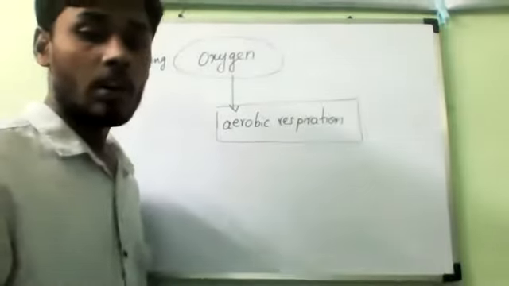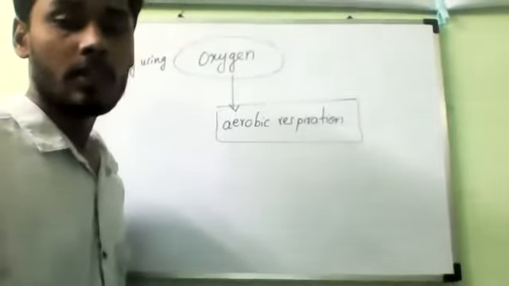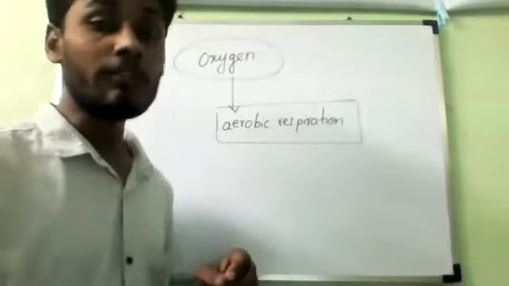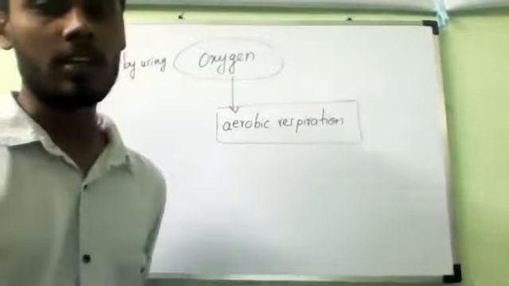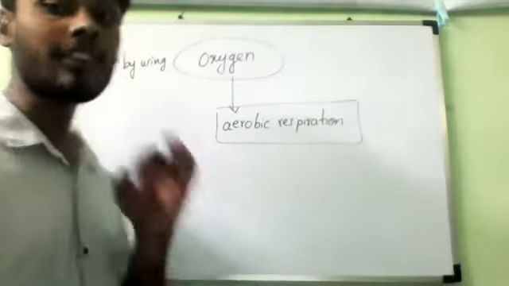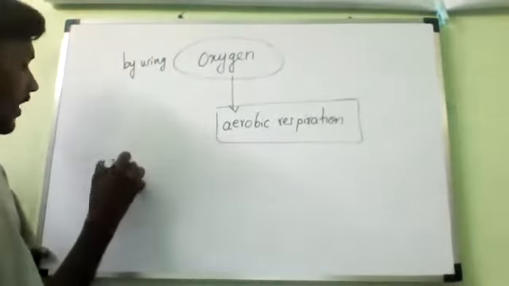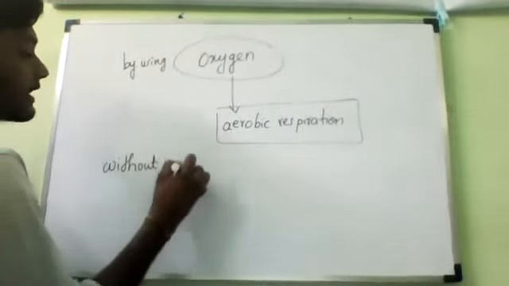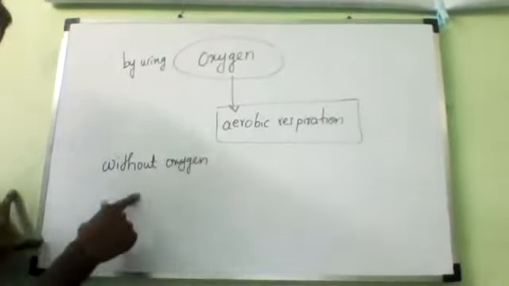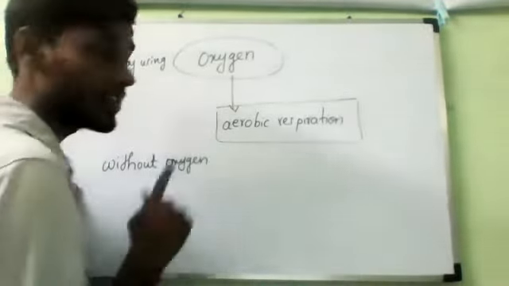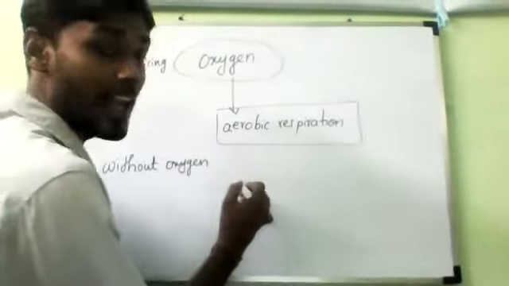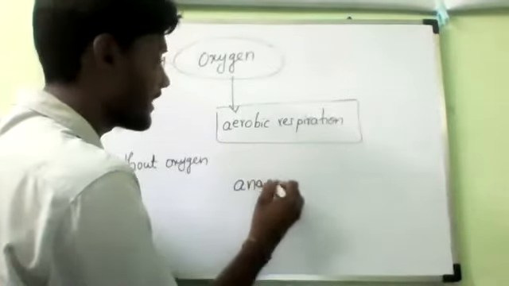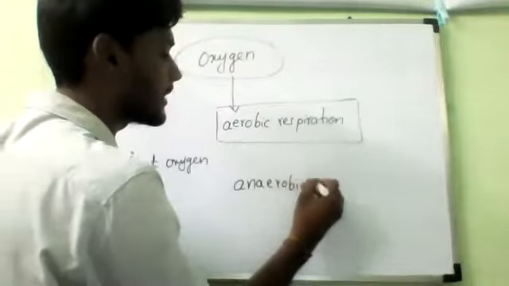Now, some organisms are still present which can carry out respiration without oxygen. So the respiration still takes place. That kind of respiration is called anaerobic respiration. A-N-A-E-R-O-B-I-C, anaerobic respiration.